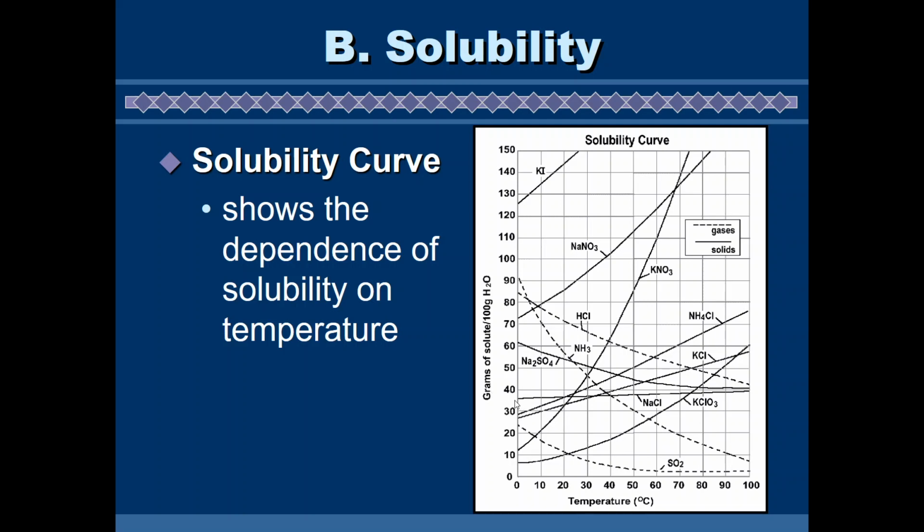Anything past this will not dissolve and it'll be saturated. If I were to crank it up to near boiling point, it doesn't really change that much. It's now about 39 grams of salt that will dissolve. So salt solubility doesn't really change too much with temperature.